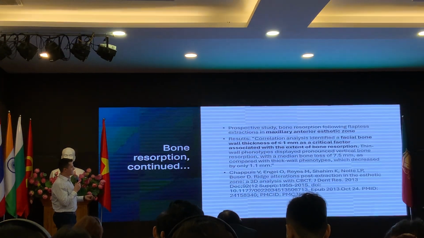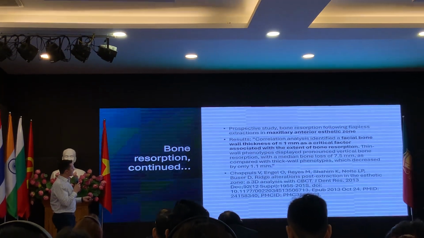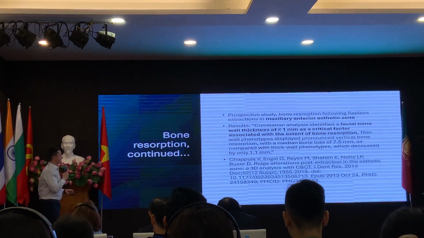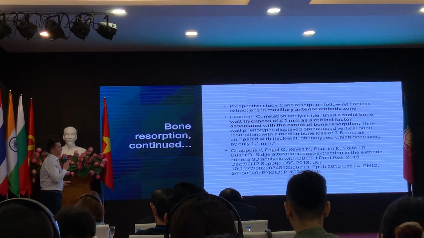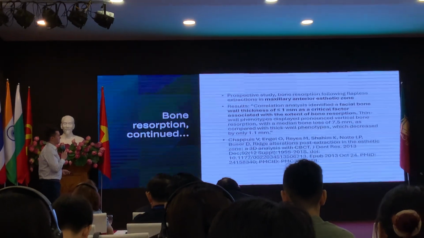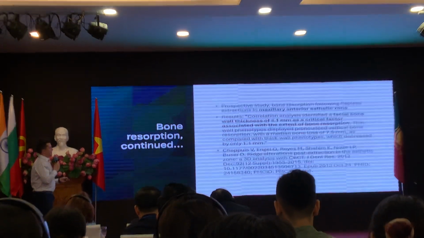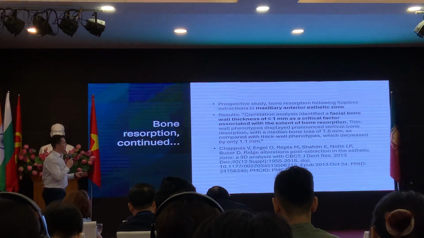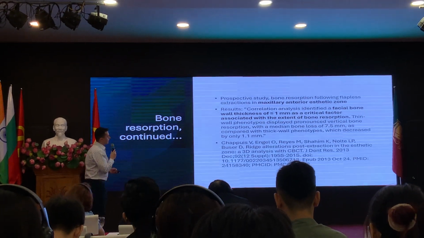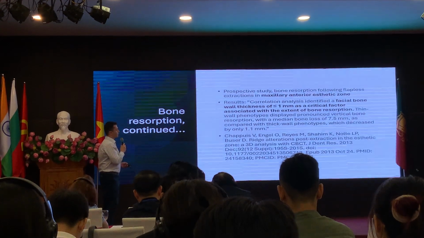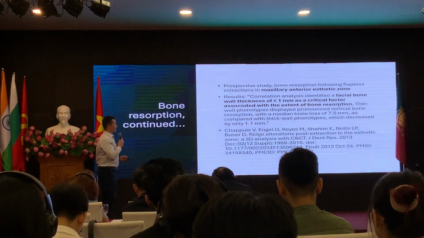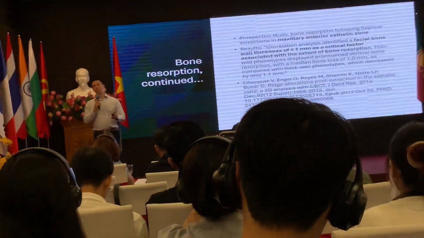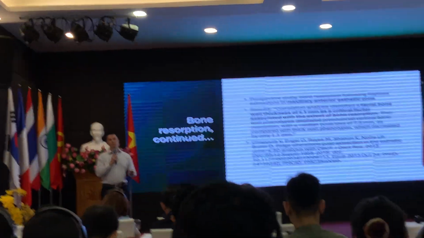Especially in the anterior aesthetic zone, there was a study that I found very interesting that was considering the maxillary anterior buccal bone thickness. This study was measuring, on the cone beam radiograph, the thickness of the buccal plate, and cases equal to or less than 1 millimeter in thickness had a significant association with bone collapse without a bone graft.